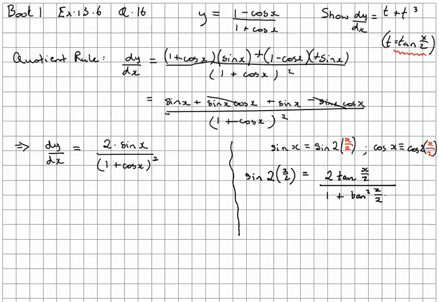So that's the sine of x. And the same thing can be done with the cos of x, which is the cos of 2 times x over 2. That is 1 minus tan squared of x over 2 all over 1 plus tan squared x over 2.